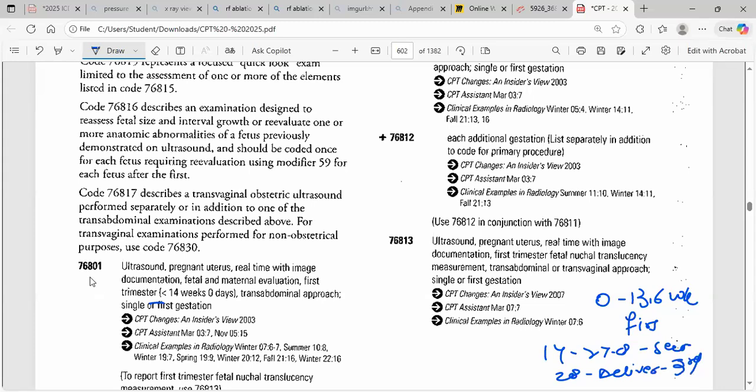These codes are based on the trimester as well as number of fetus. There is also the approach: trans-abdominal approach means through the abdomen, trans-vaginal approach through the vagina.